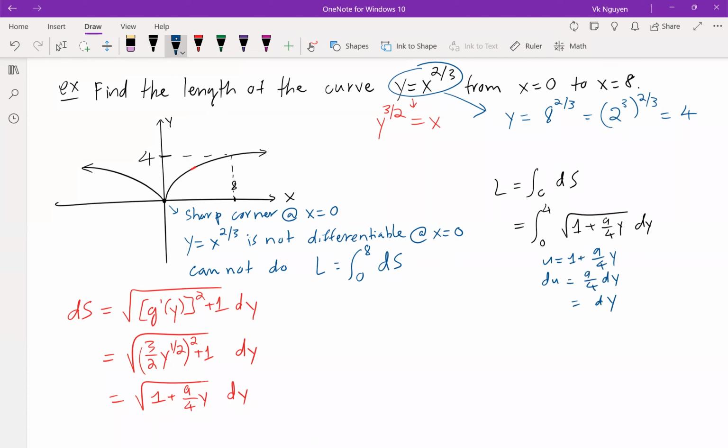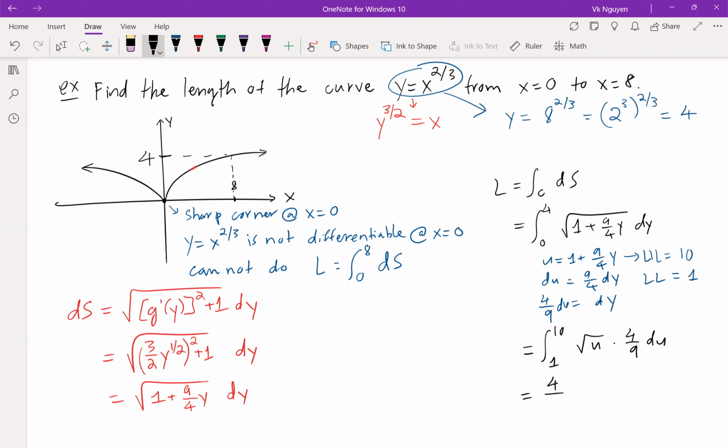So dy is 4 over 9 du. And ta-da! I'm going to update the upper and the lower limit also. Upper limit is plugging in y equal 4, so it's 10. Lower limit y equal to 0, so it's 1. So integral from 1 to 10 root of u times 4 over 9 du.